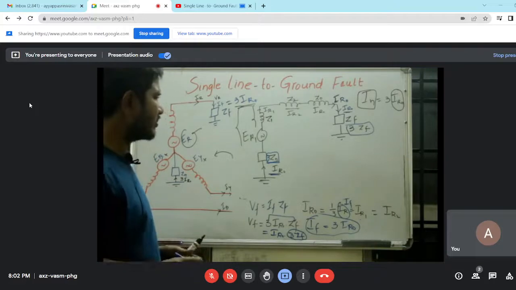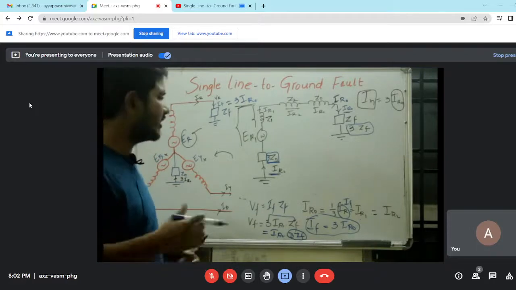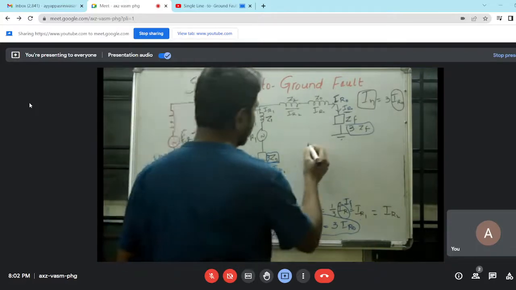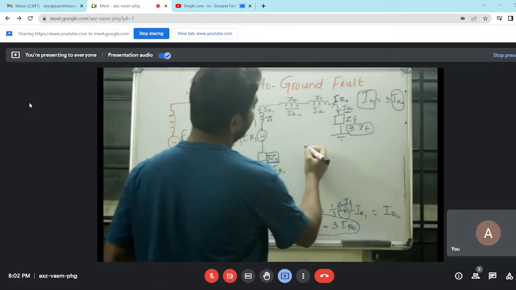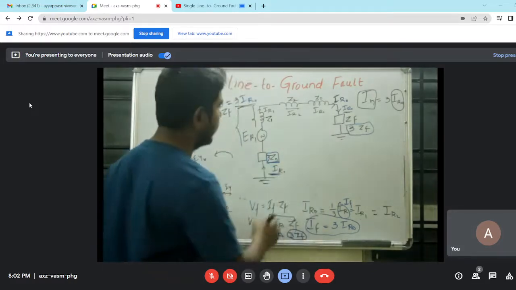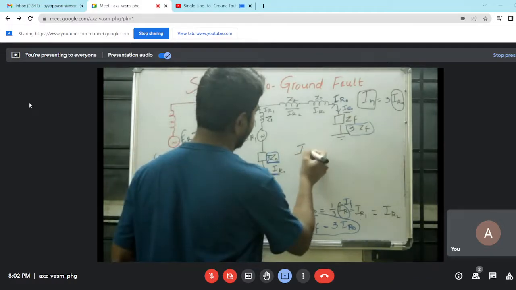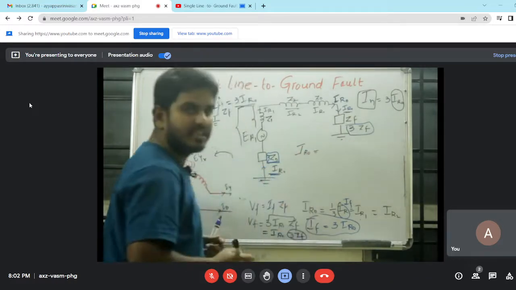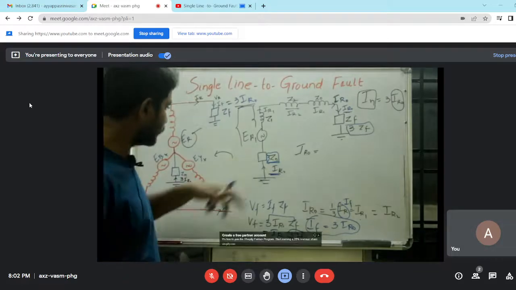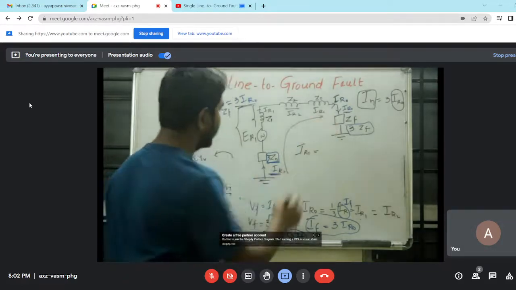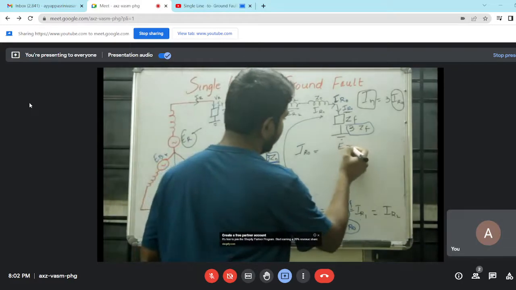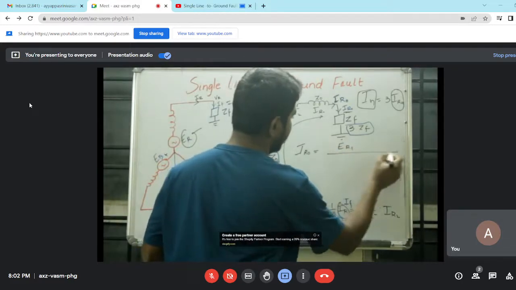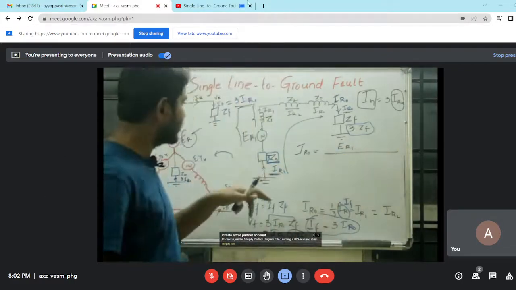Now, this can be found in many ways, so let us consider a few ways here. Initially, your zero sequence current IR0 will be simply given by the voltage we have here, ER1, upon the total impedances.